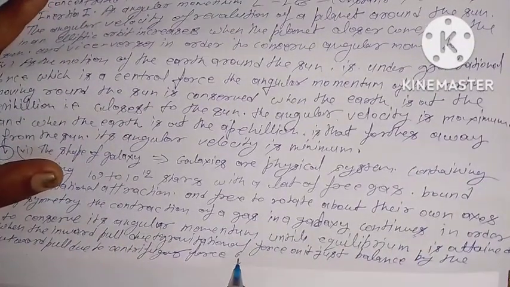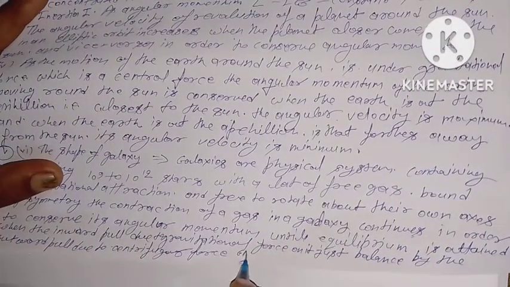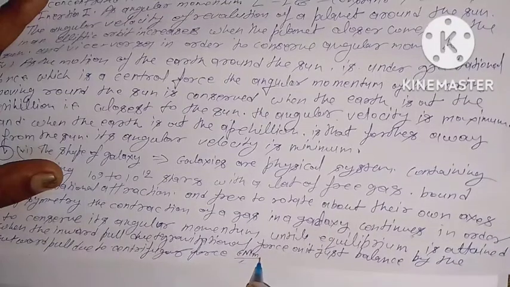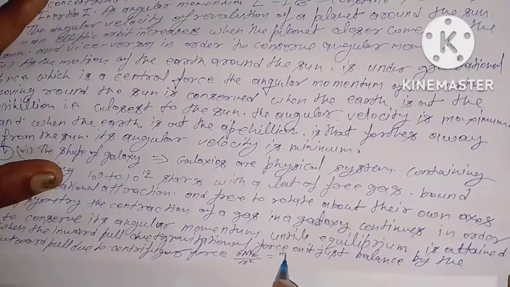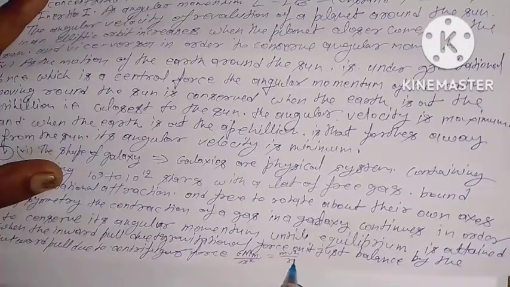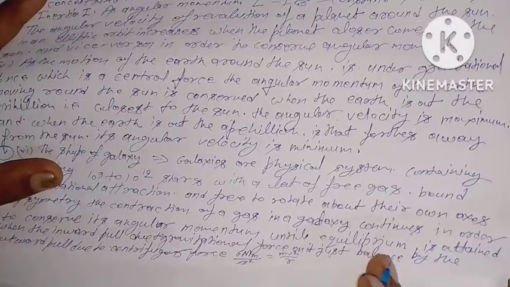This is capital G, capital M, small m upon R square equal to m v square upon R.